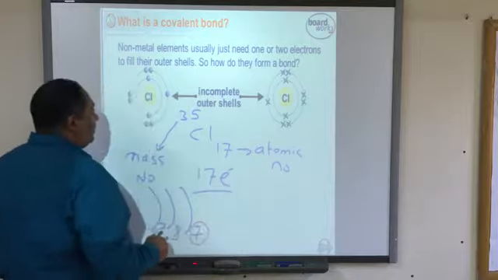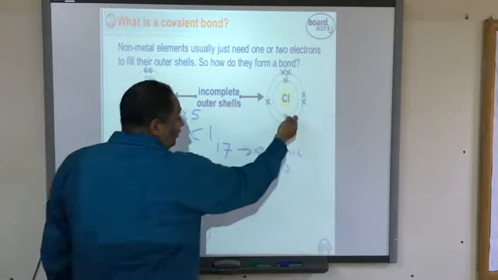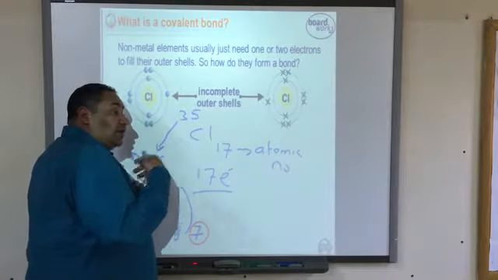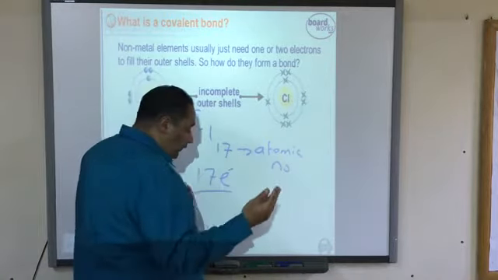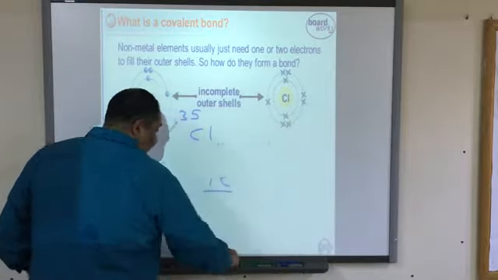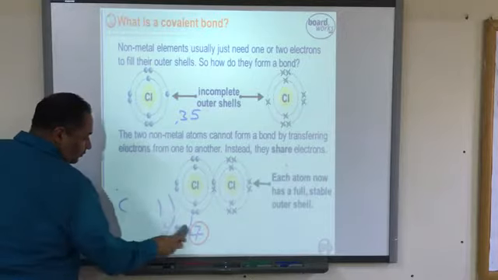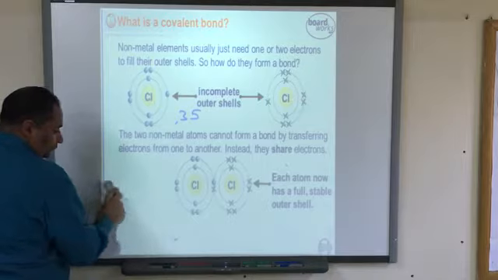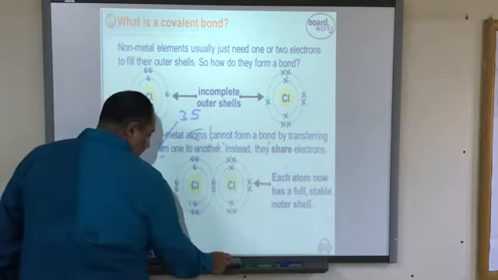So this is a chlorine atom, and another chlorine atom. They both think, I'm not perfect, you are not perfect. Why don't we share together to look perfect? And this is exactly what happens. I have 7 electrons, you have 7 electrons.